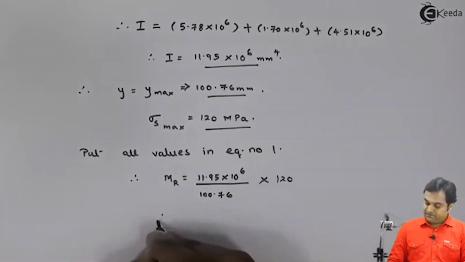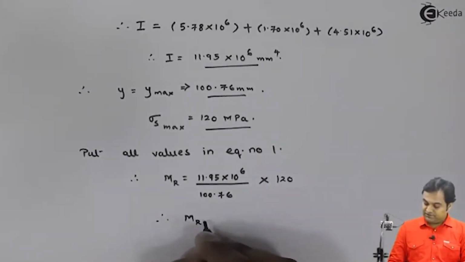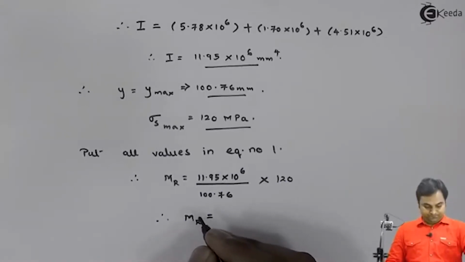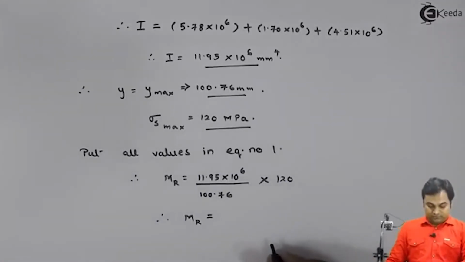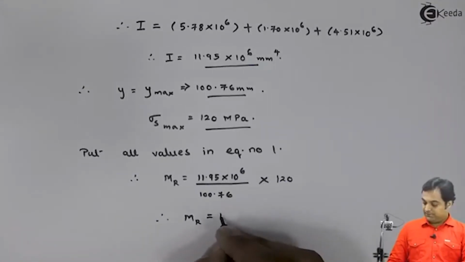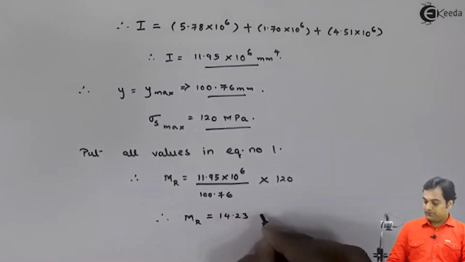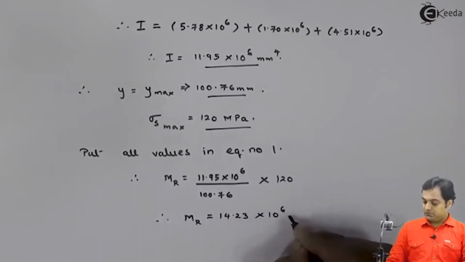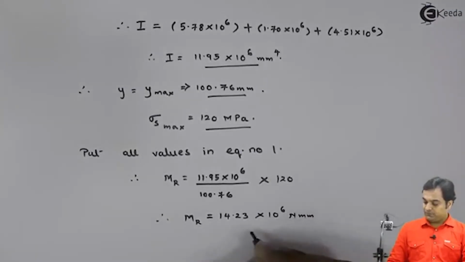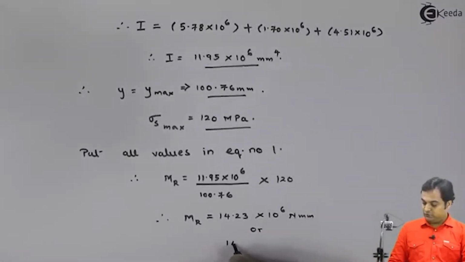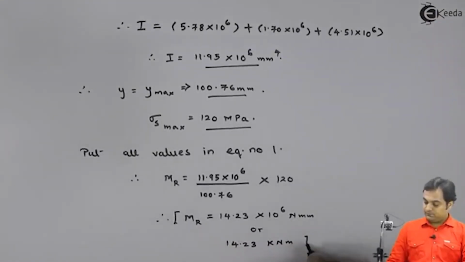Therefore, my moment of resistance answer will be 14.23 into 10 raised to 6 Newton millimeter, which I can even convert into 14.23 kilonewton meter. This is my first answer.